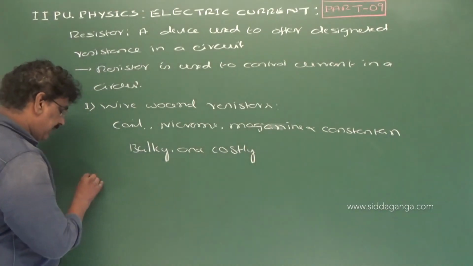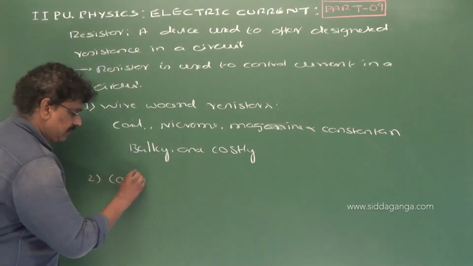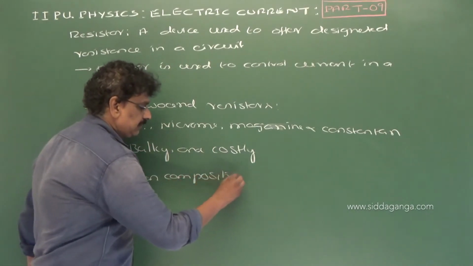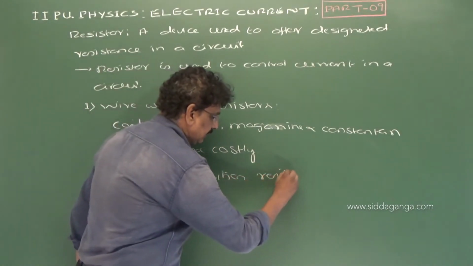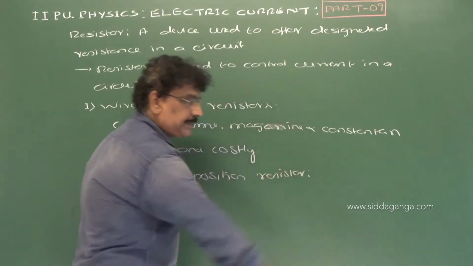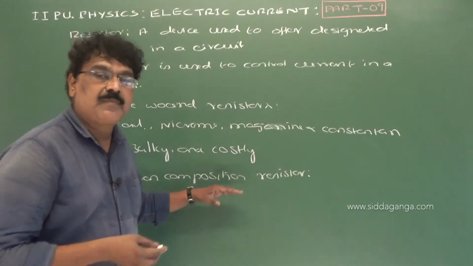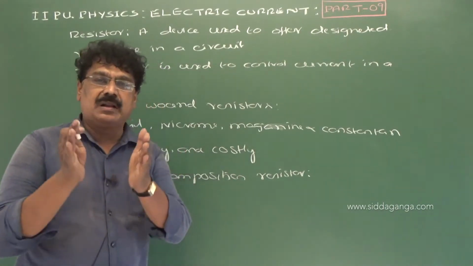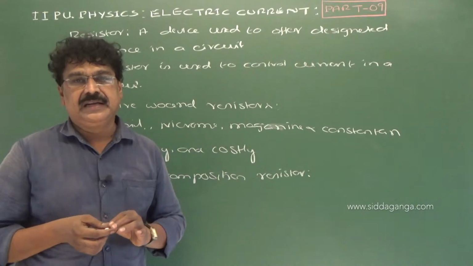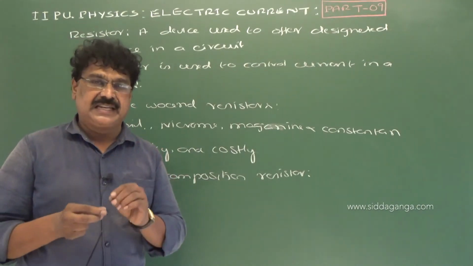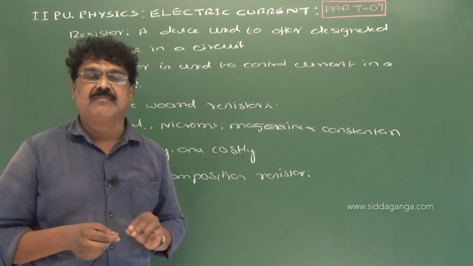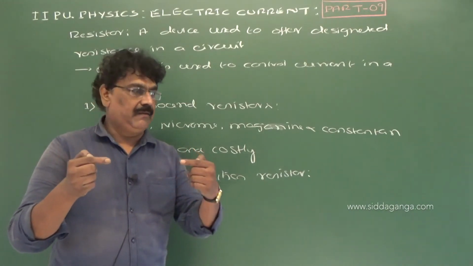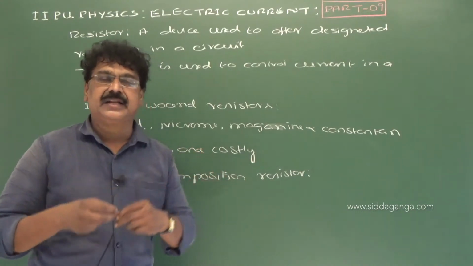And the second one is the carbon composition resistor. A carbon composition resistor is made of a suitable composition of carbon taken in the form of a cylinder, or fused in the form of a cylinder. Two electrical wires are connected at the two ends.